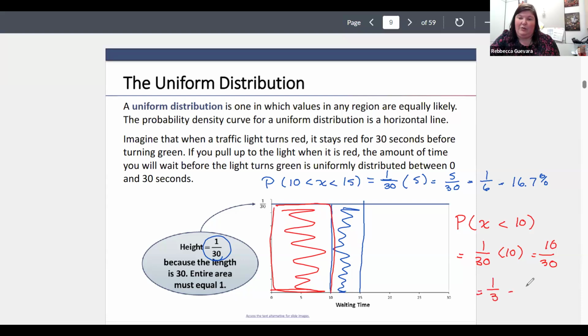So that would be 1/3, or a 33.3% chance that when I pull up to a red light, I am going to wait less than 10 seconds. So like I said, it's uniform. Whenever we pull up, it's the same probability for each individual time frame. You get this uniform distribution, and we're just trying to find those areas.